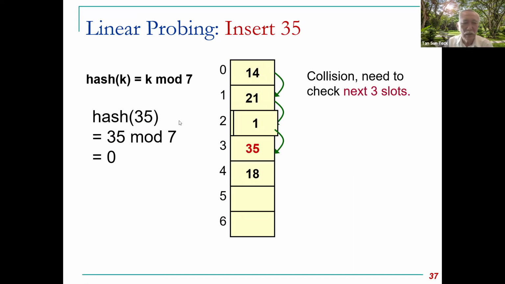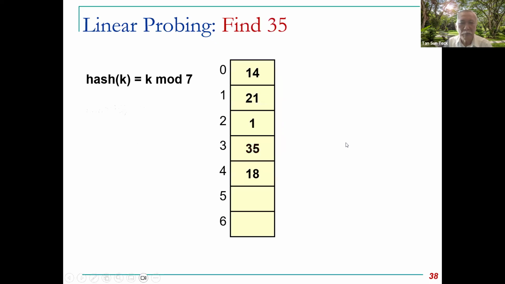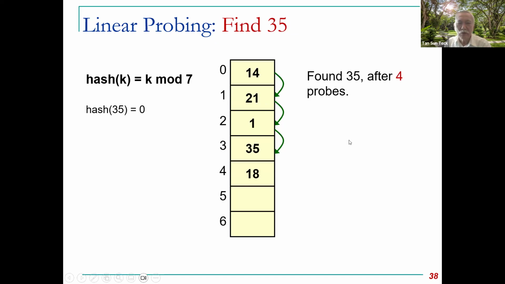So if you want to find 35, you have to compute the hash value, which is 0. You go to 0, you find that it is not the value that you are looking for. You go to the next slot until you reach the third, after 4 probes.